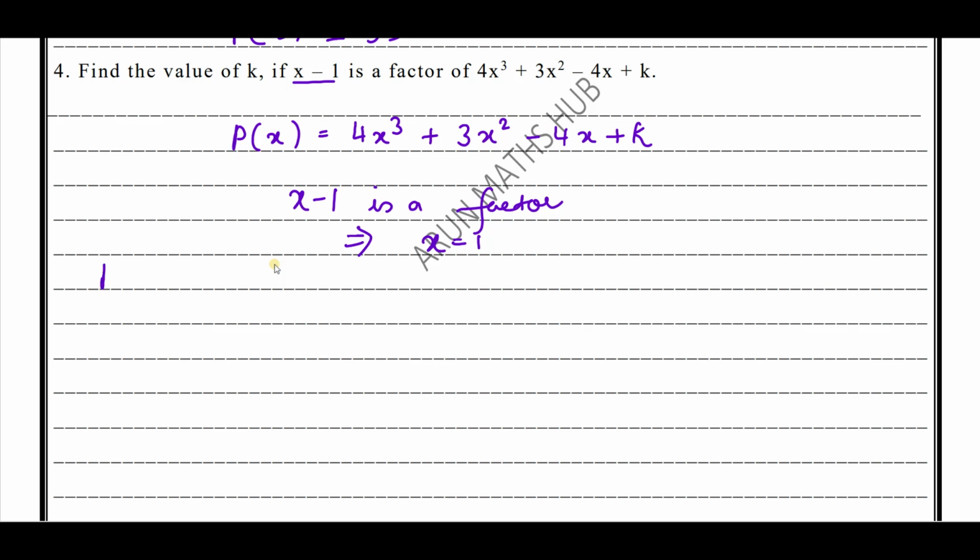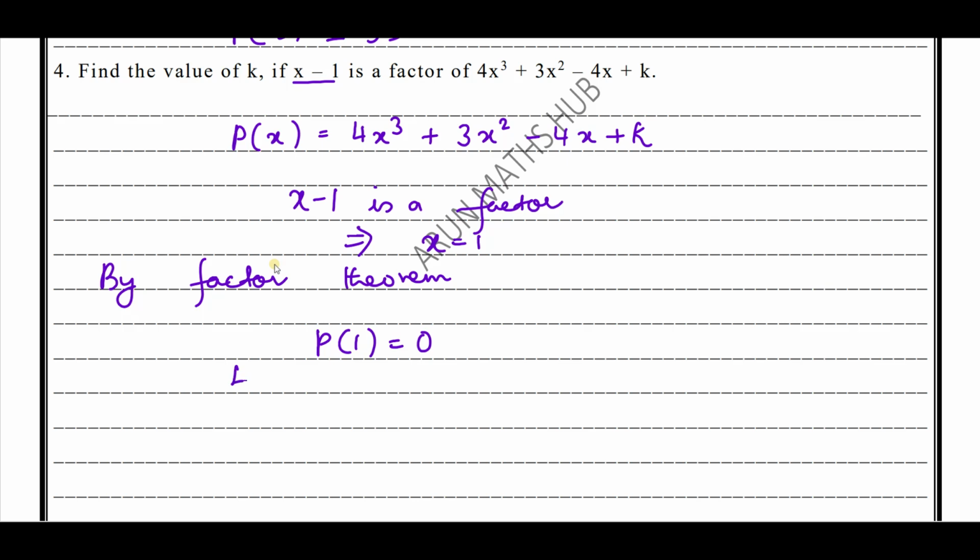Now by factor theorem, p of 1 will be equal to 0 because x minus 1 is a factor. X equals 1. p of 1 equals what? 0.